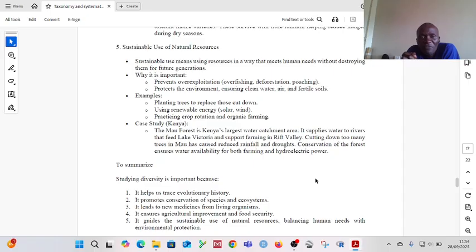With the sustainable use of natural resources, we can also end up protecting the environment. With protecting the environment, it means we are ensuring that we have clean water, we have clean air, we have fertile soils. So with that then, the ecosystem is able to support all the other forms of life.